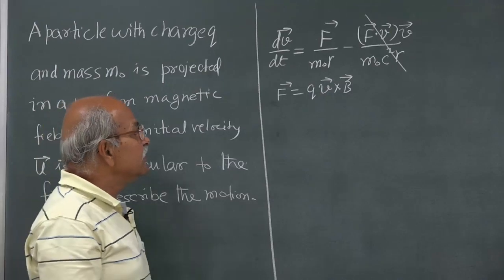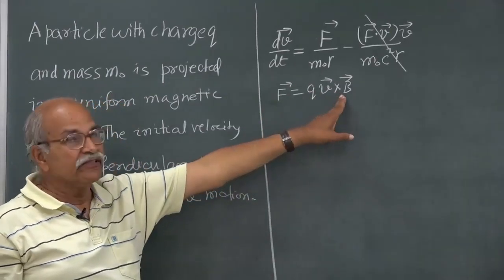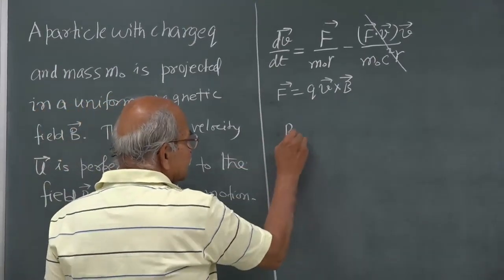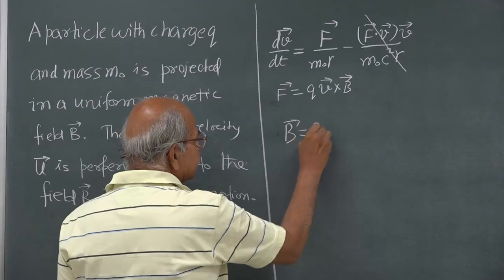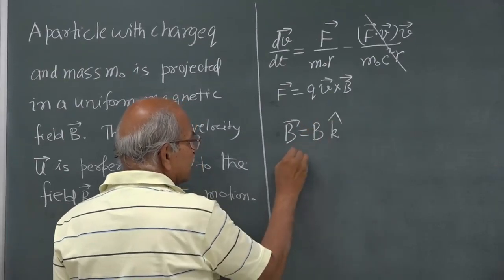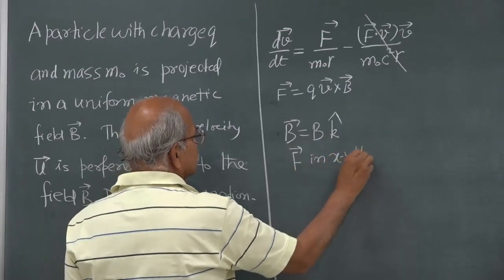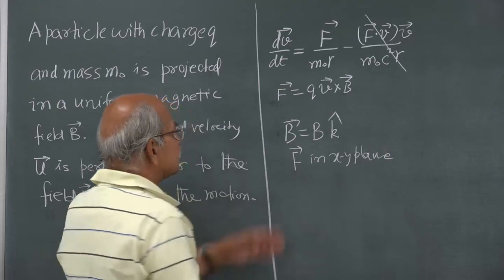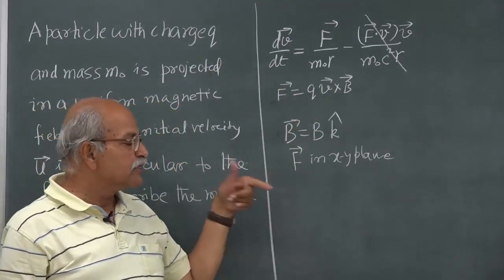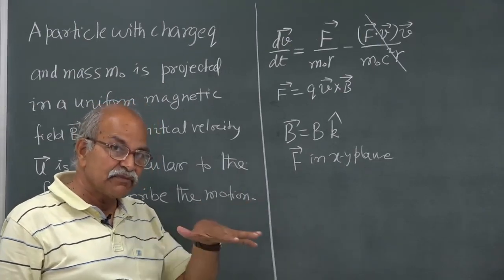It is also perpendicular to the field B. Suppose B is in the z direction, then this force has to be in the xy plane because it is a cross product with B, and the initial velocity is perpendicular to B. So, the initial velocity u is in the xy plane.